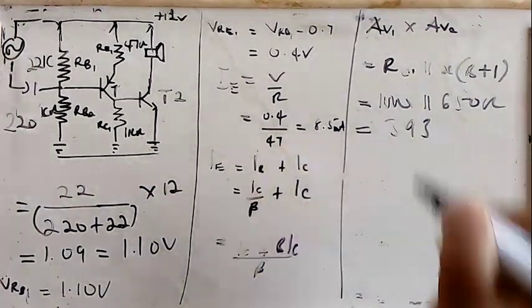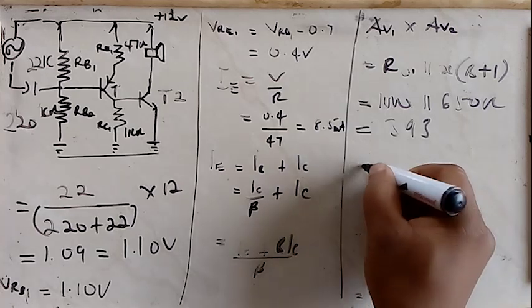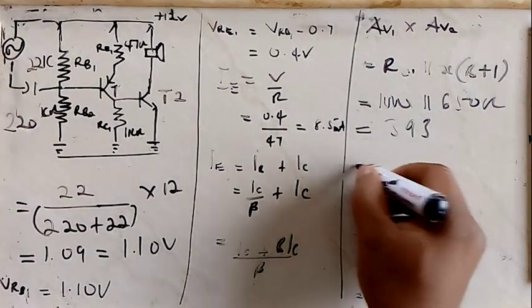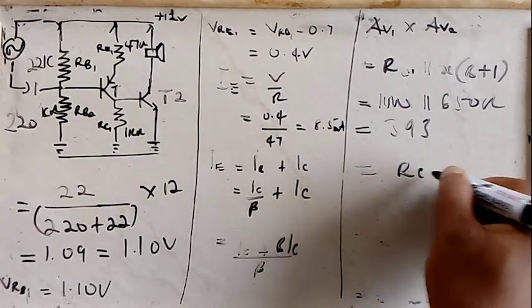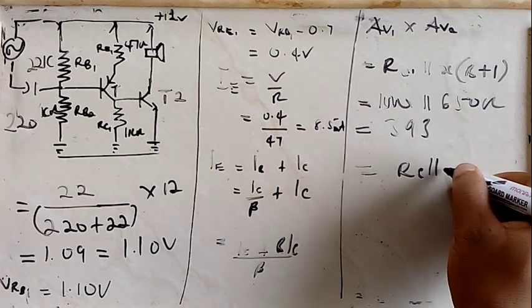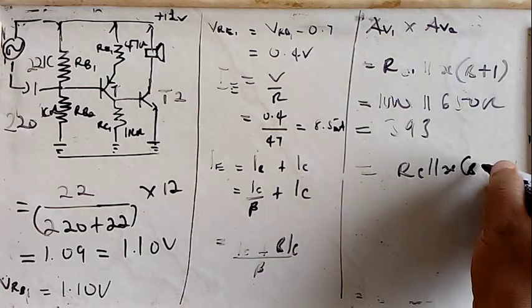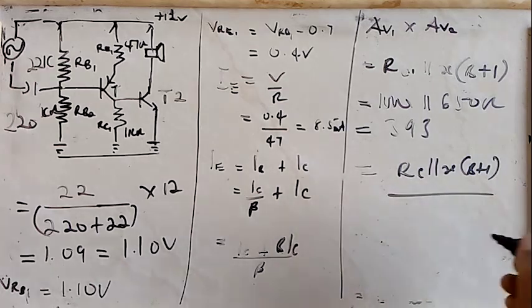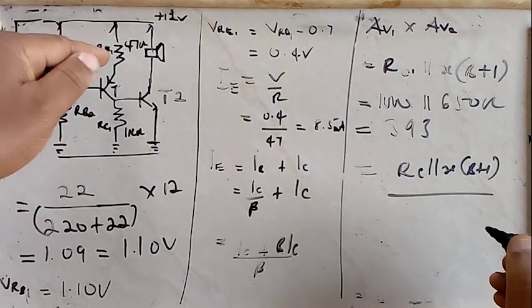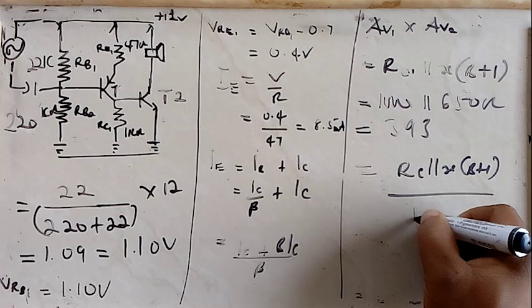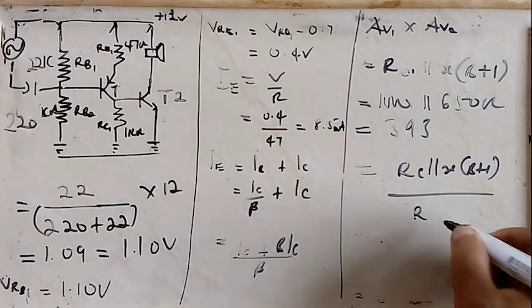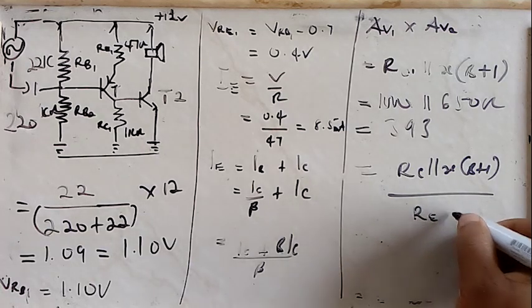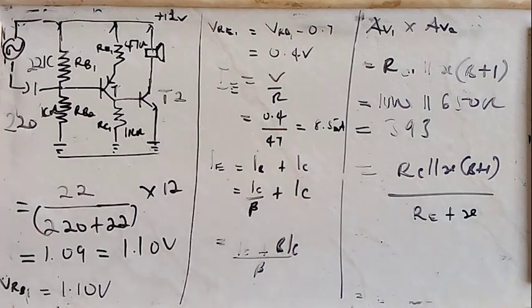So since we have arrived at the top value, the voltage gain is this figure, RC in parallel with RE by beta plus 1, all over the resistance in the emitter here, RE plus re.